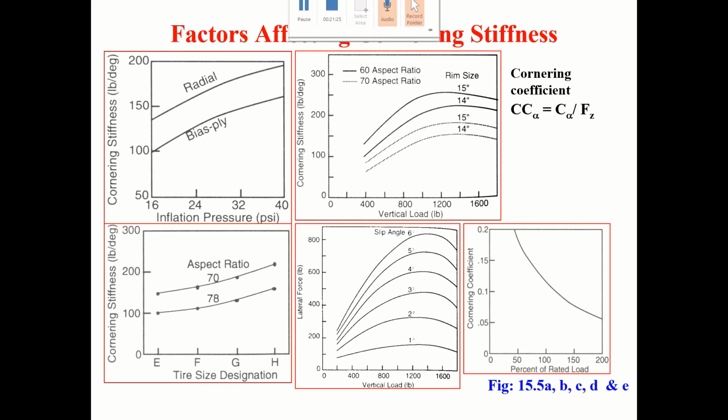What are the factors that affect cornering stiffness? Here cornering stiffness versus inflation pressure is given. This characteristic has been drawn for a radial tire, and this for a bias ply tire.